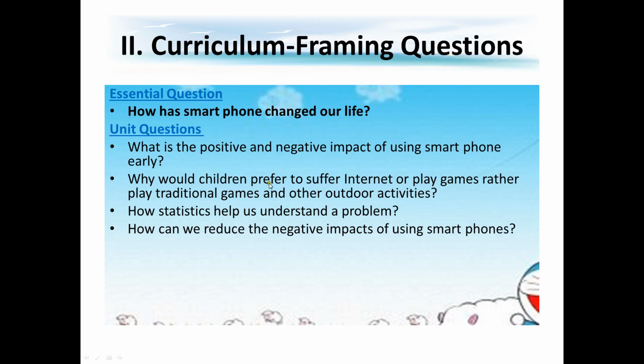Why would children prefer to surf the internet or play games rather than play traditional games and other outdoor activities? How do statistics help us understand the problem, and how can we reduce the negative impacts of using smartphone?